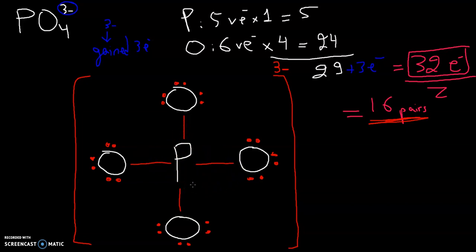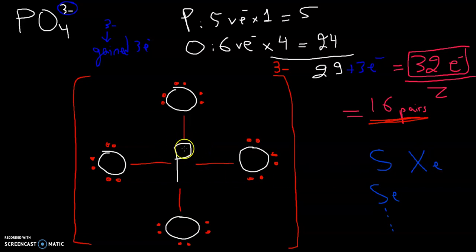Now sometimes you end up with having a central atom with more than 8 valence electrons. Atoms such as sulfur mainly, or selenium, sometimes other atoms also. You end up with having xenon also.